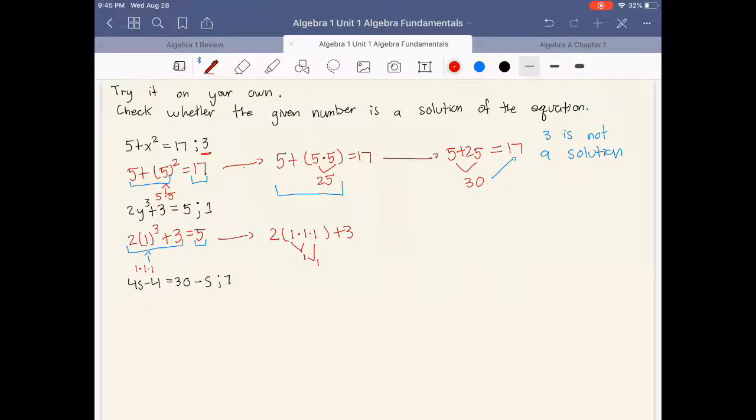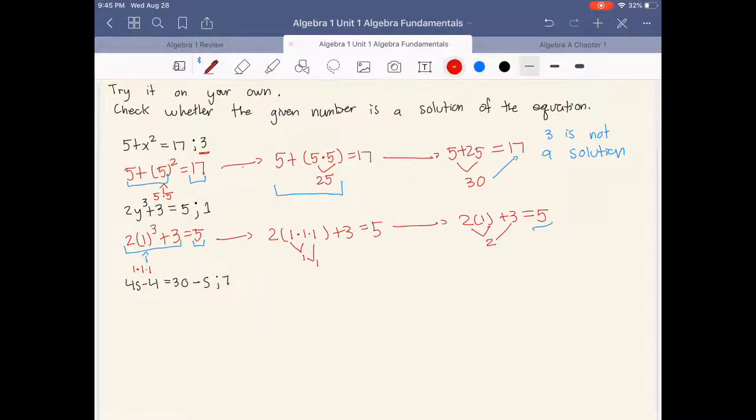Now, let's rewrite it again. So that's going to be 2 times 1 plus 3 equals 5. Now, 2 times 1 equals 2, then plus 3. Does that equal 5? Yes, it does.